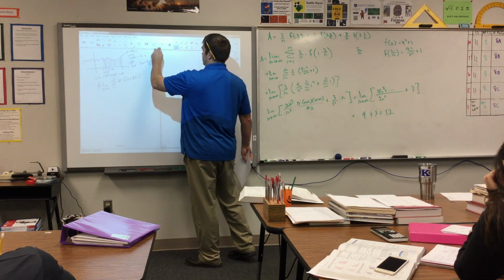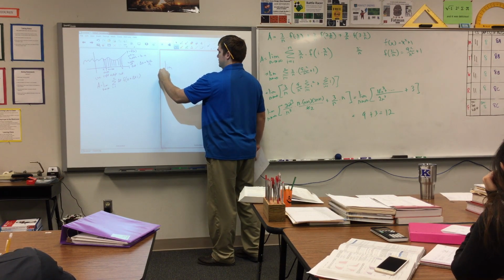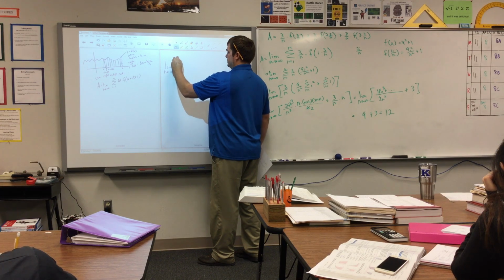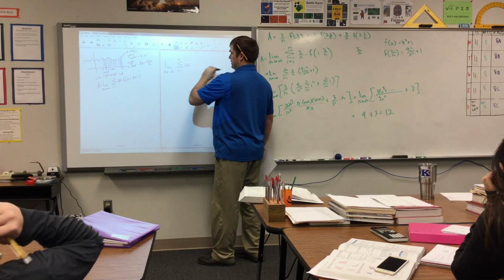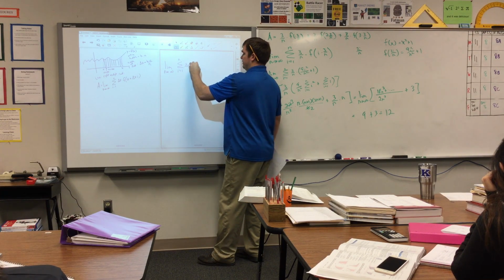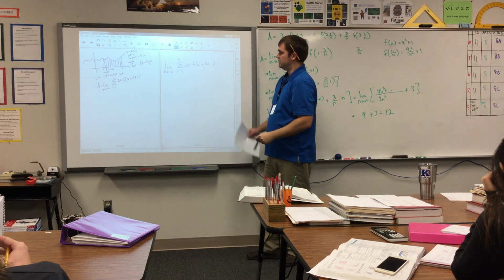Sometimes in some calculus books, they'll write it like this: the limit as n approaches infinity of the summation from i equals 1 to n of delta x sub i times f of a plus delta x. They'll put the i right down there, which I think is really misleading.